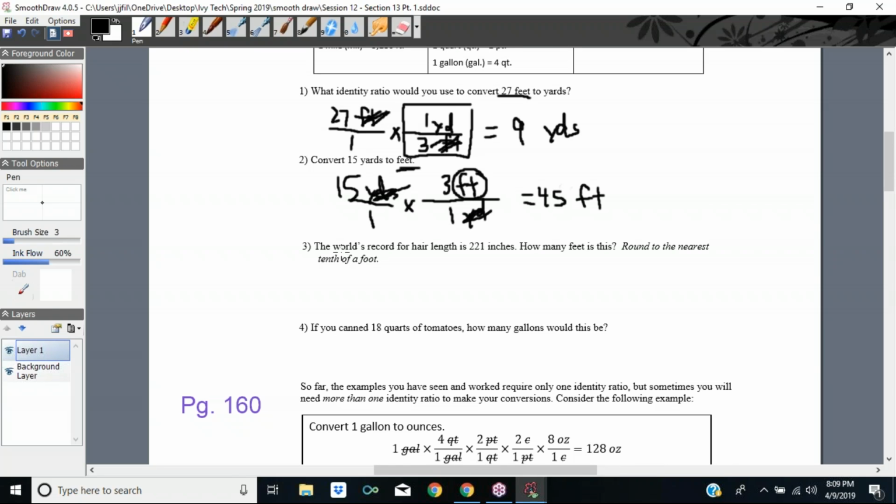So let's see. Why don't I give you the next two, number 3 and number 4, and I'm just going to have a little timer going out here, and I'm going to put 2 minutes. And when you have answers for number 3 and 4, we'll go ahead and take a look at them together. So I'm going to give you 2 minutes to work on number 3 and 4.